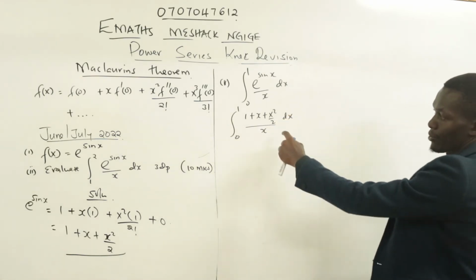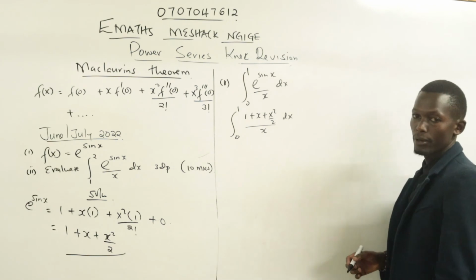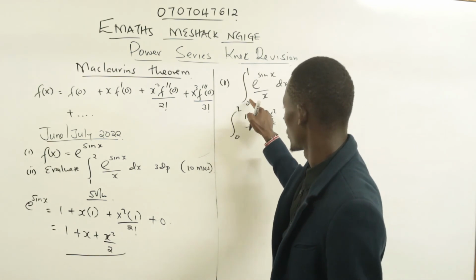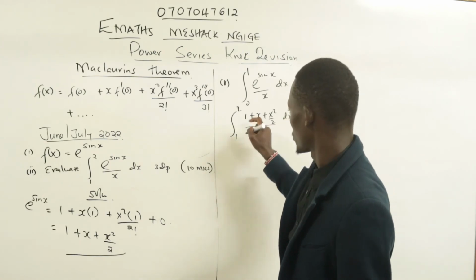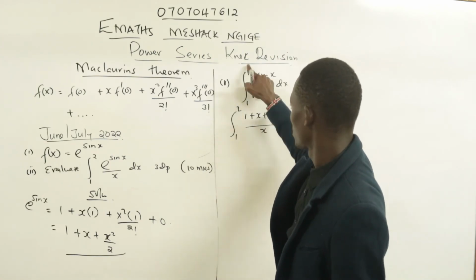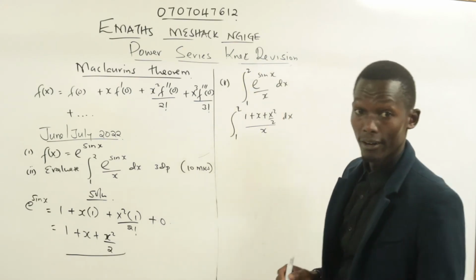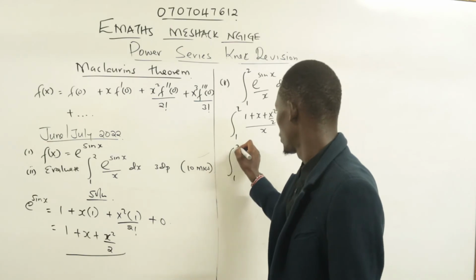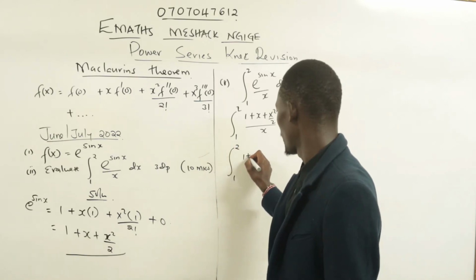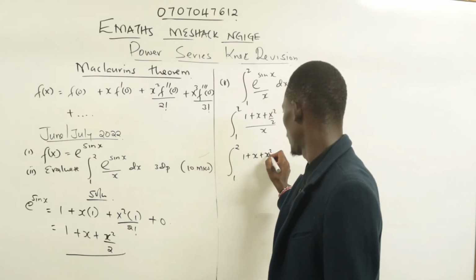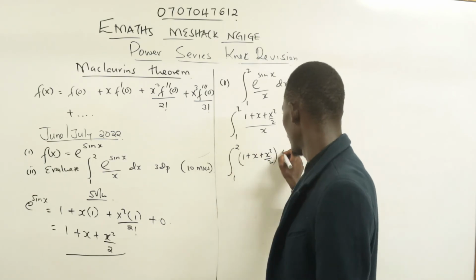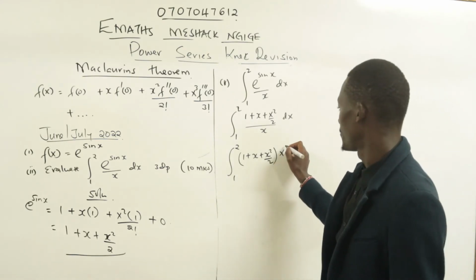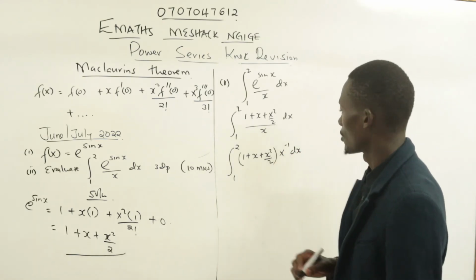Alright? Again, we can remove this x here and bring it to the numerator. So we shall have, now this is 0 to 1, sorry, the limits are 1 to 2, then we have 1 to 2. Now taking this, the denominator, we shall have 1 plus x plus x squared over 2 into bracket x, to the power negative 1, dx.